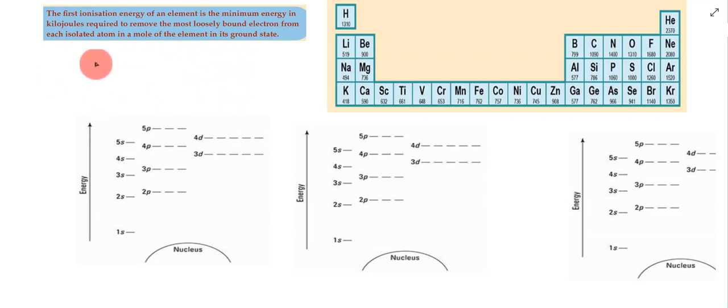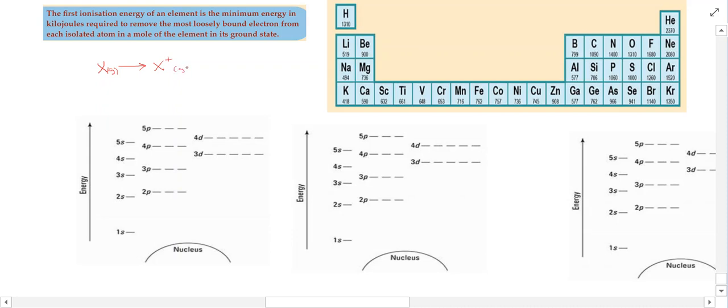So you can write it like this. It's X in gas form, where X represents whichever particular element you're dealing with. And then you have X plus, because you're turning it into an ion.